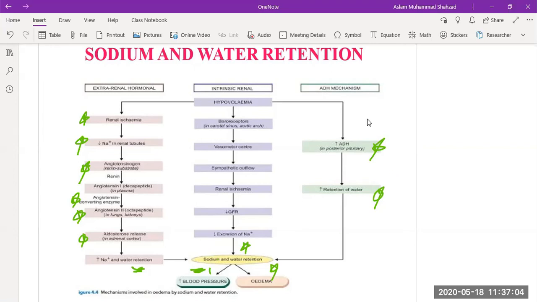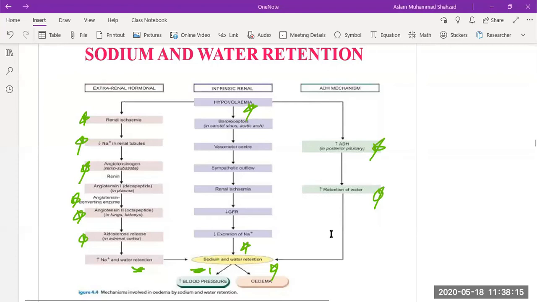Then we have the third reason, which could be an intrinsic renal reason. And why does it occur? Because of the mentioned hypovolemia. And what is meant by hypovolemia? A decrease in the volume of blood in the body, which occurs because of blood loss or loss of electrolytes or body fluids.